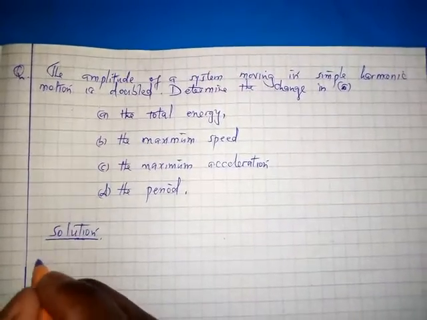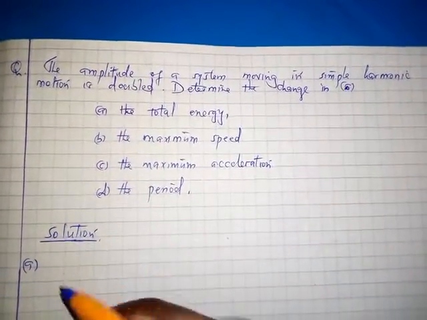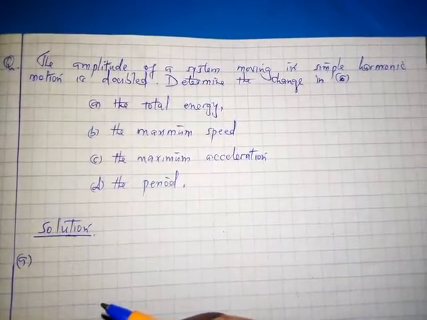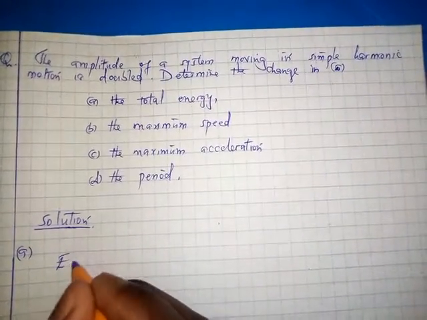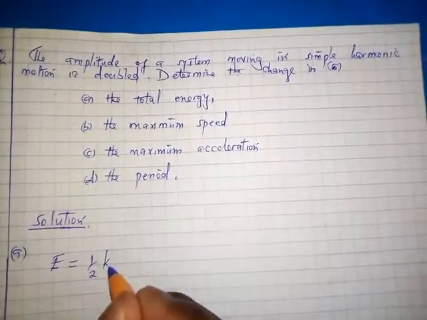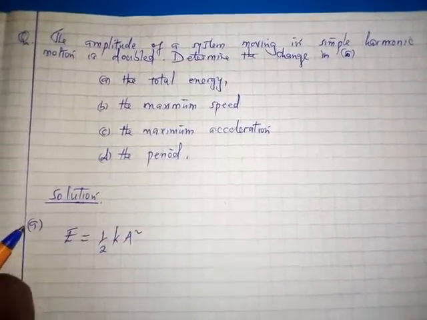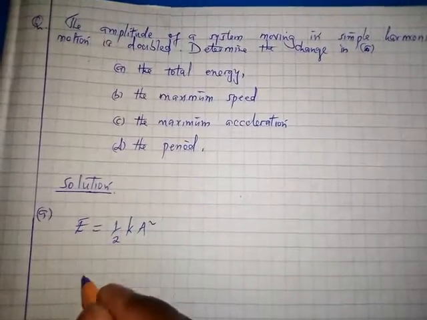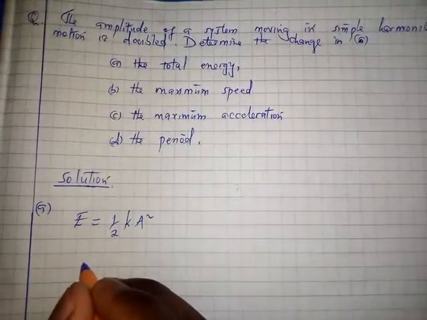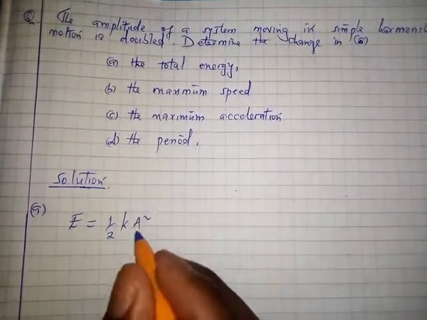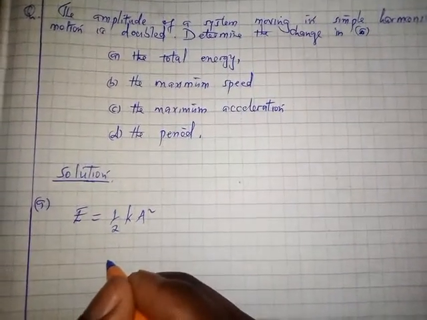So we start with A. The formula that relates the total energy and amplitude: E is given by a half K A squared. A is the amplitude, E is the total energy. If the amplitude is doubled, we will have 2A.